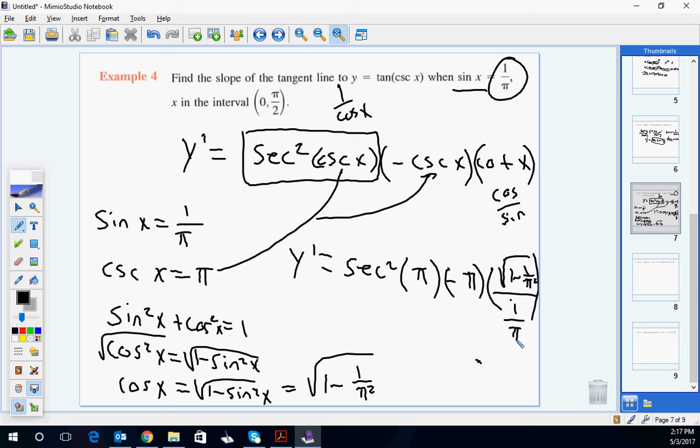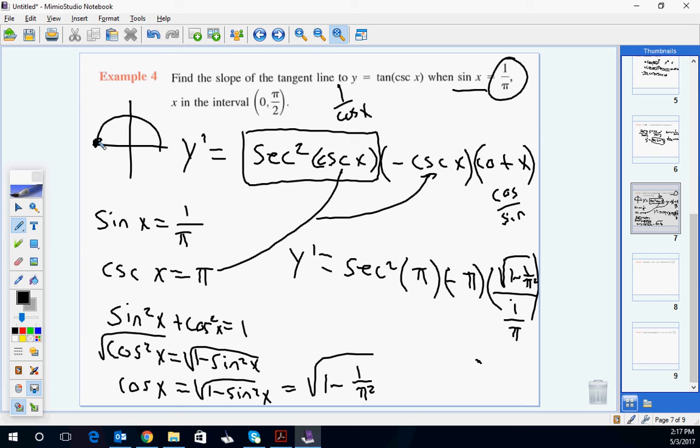Now secant squared is 1 over cosine. What is cosine of pi? It's -1. Pi is over here, that's -1 for the x value of cosine. But we're squaring it, so it's actually just 1 to us.